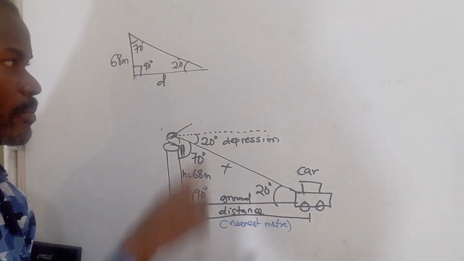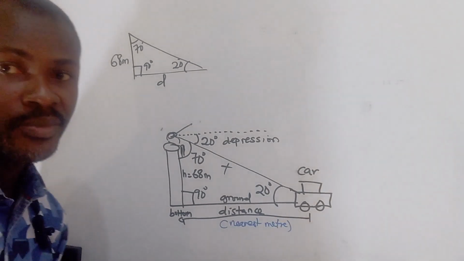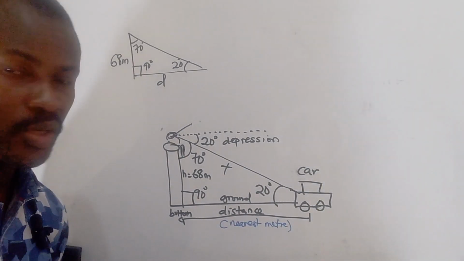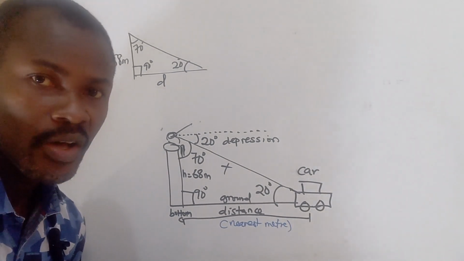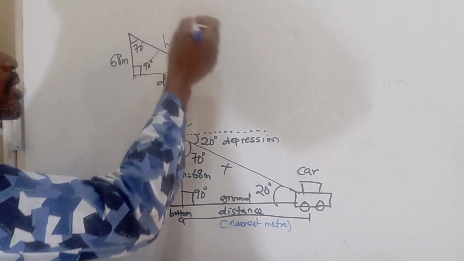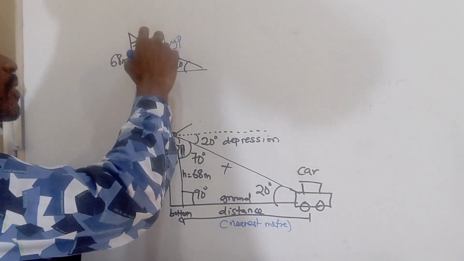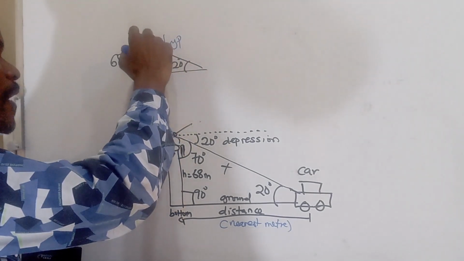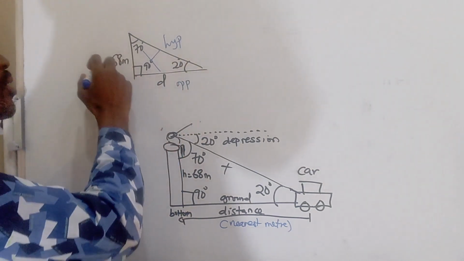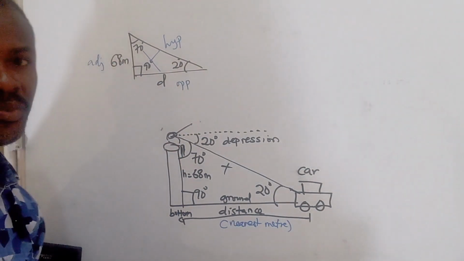Remember the car is somewhere here. So let's see what we are going to use to solve this. This is my hypotenuse, nothing is given there. This is our opposite, and this becomes our adjacent.